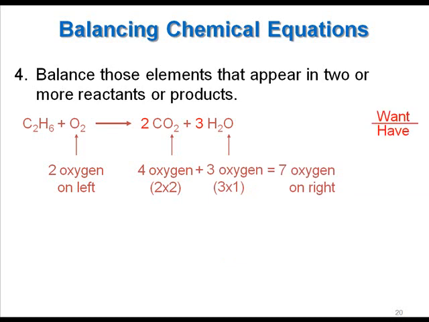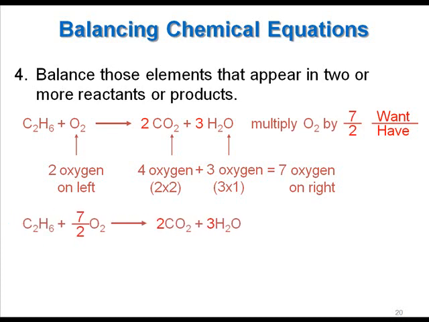And the method we're going to use is the 1 divided by halves. So we're going to multiply O2 by 7, because that's how many I want, divided by 2, because that's how many I have on the reactant side. Now that's going to lead to a rather odd looking idea where I write a fraction 7 over 2 in front of the O2.